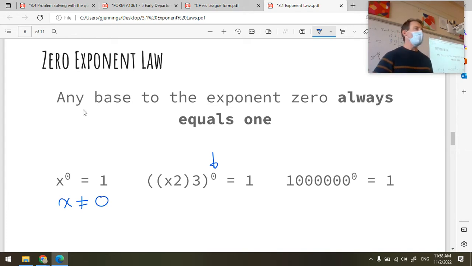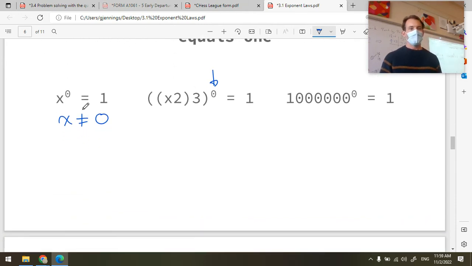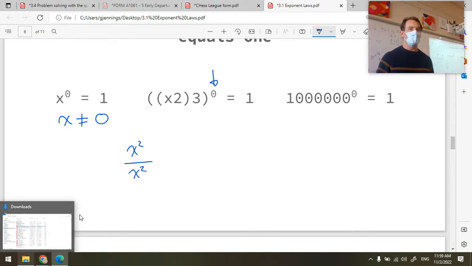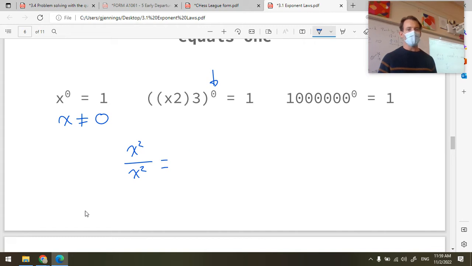Okay, so how would you prove this to yourself through multiplication? Let's examine this situation. X squared divided by x squared. What's that? That's 1, because it's something divided by itself. But it's also equal to x to the, subtract the exponents, 2 minus 2. 2 minus 2 happens to be 0. This is x to the 0, and x to the 0 is 1.